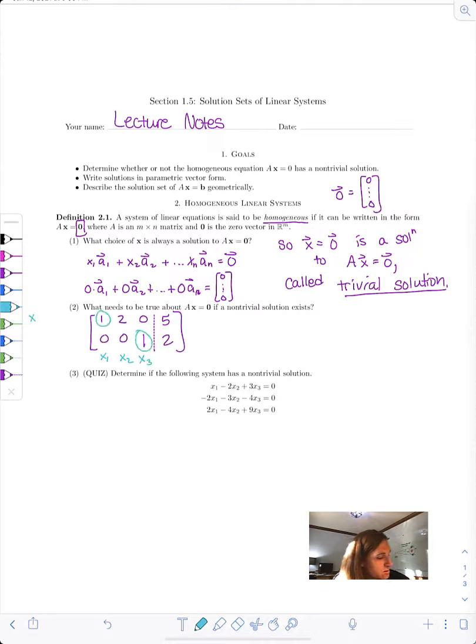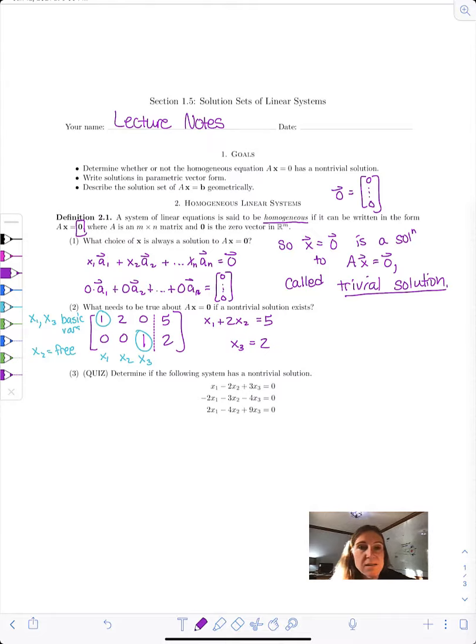In this situation, x1 and x3 are our basic variables, and x2 is a free variable. Remember, that means we can change the value of x2, and that will impact what happens for the others. Here the top equation says x1 plus 2x2 equals 5. So we can change x2 and get a bunch of different solutions, whereas x3 is going to be fixed.